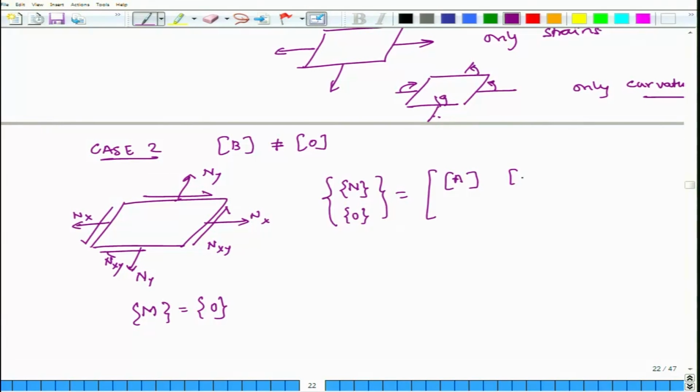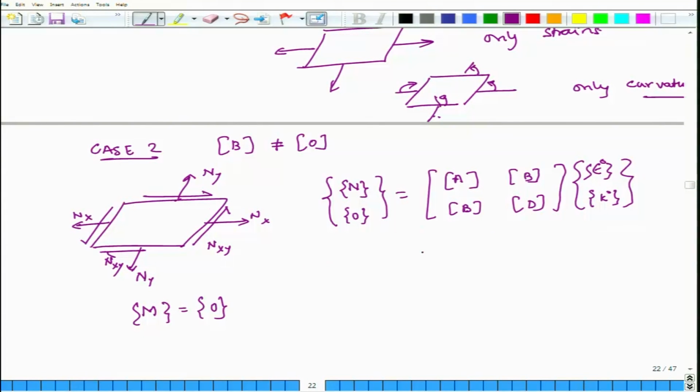This equals A, B, B and D times mid-plane strains and curvatures. So, we want to figure out what kind of strains and curvatures are in this plate. Because the B matrix is not 0, we cannot say for sure that mid-plane curvatures will be zero.